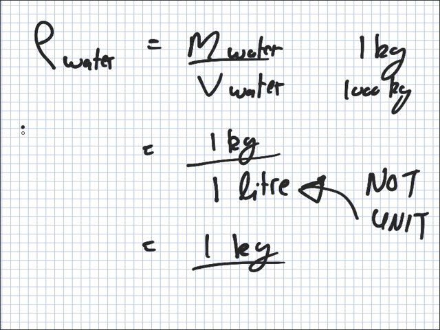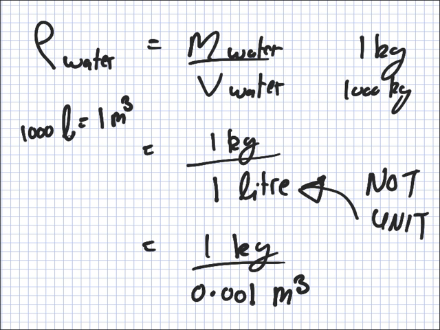Well, if you remember, we said 1,000 litres equals 1 metre cubed. So what is 1 litre? That would be 0.001 metre cubed, because we have 1,000 litres is 1 metre cubed. So 1 litre is 0.001 metre cubed.